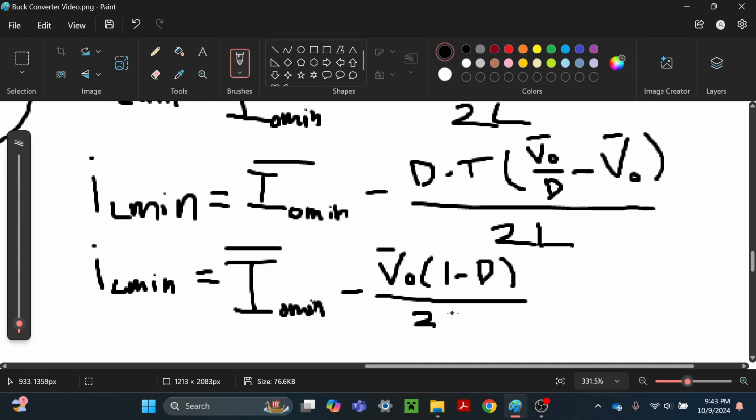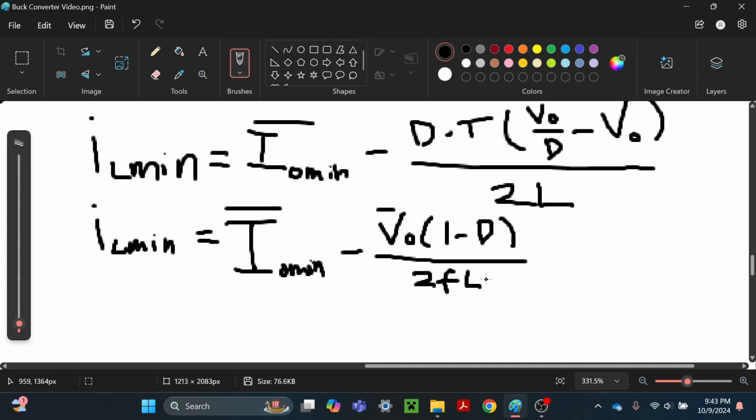Remember, T is the inverse of frequency, so 2FL.